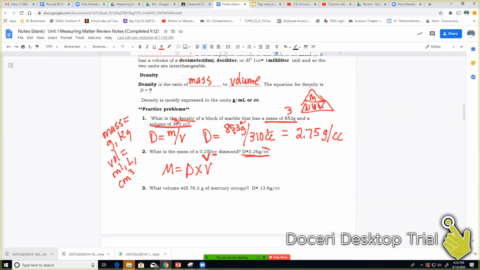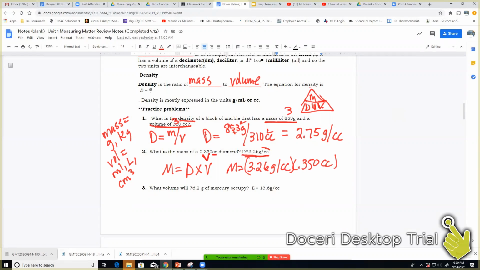So once I do that, now just plug in my numbers. I'm going to say my mass is going to be equal to 3.26 grams per cc. Multiply it by my volume, 0.350 cc's. That number had 3 numbers to start off with, and this one did too. So I want my answer to have about 3 numbers. That's simply a multiplication.